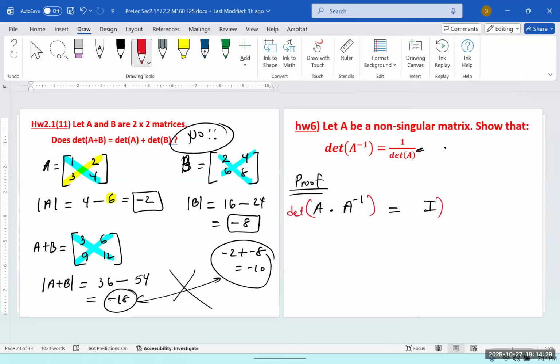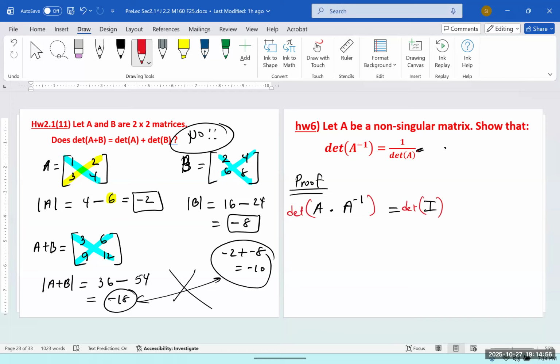What type of matrix is the identity matrix? Definitely square. Okay, it has another name. What type of matrix? Not rectangular. It's a triangular, but a special type of triangular. What's the name of that special type of triangular?